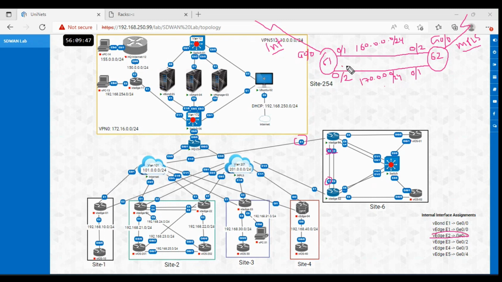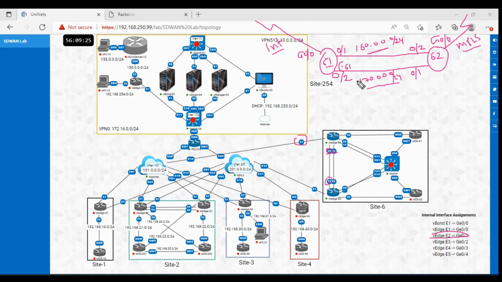This is, let's say, dot 61. So I need not write it. Whenever we have router 61, the last octet would be 61 only, either in this subnet or the link which is going to internet or MPLS. So this is dot 61 and this is dot 62, and we have this subnet.